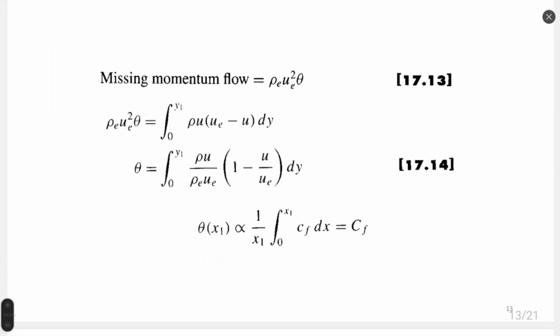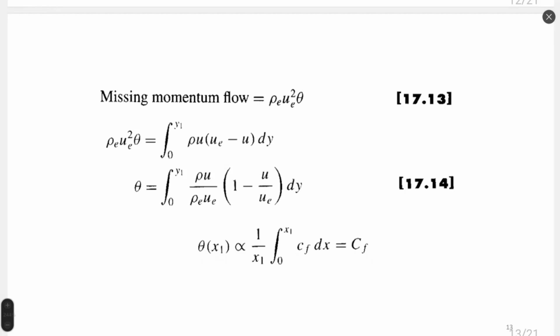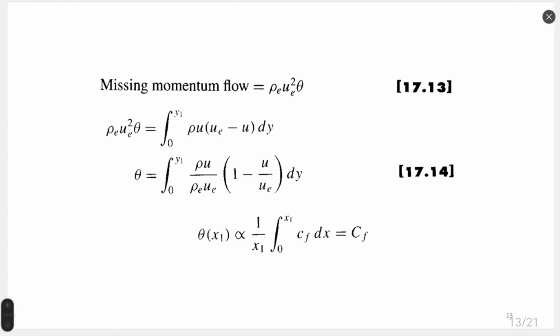Okay, some considerations, some conclusions from this. One conclusion is that the displacement momentum would be proportional to friction coefficient, as we might see on the last equation. Proportional, but not equal, of course.